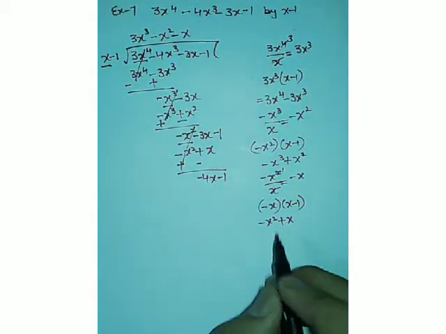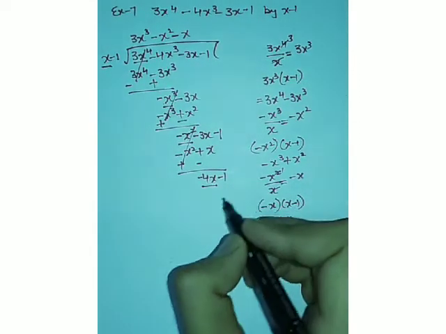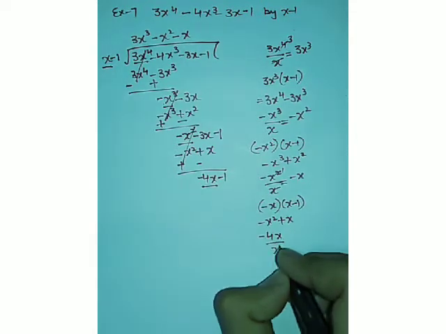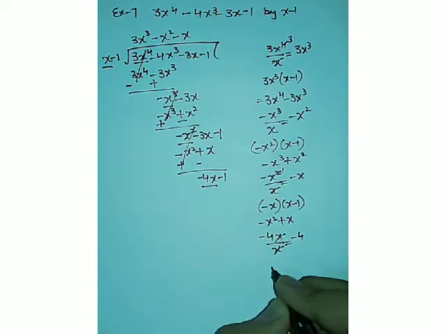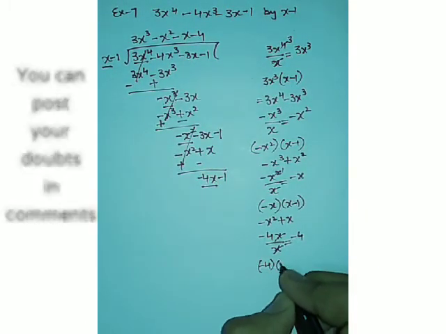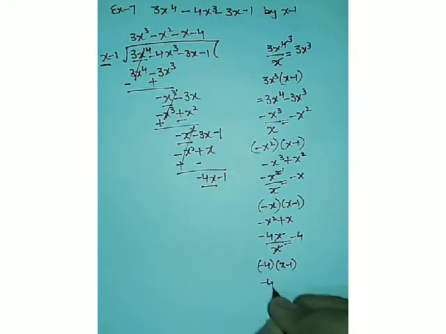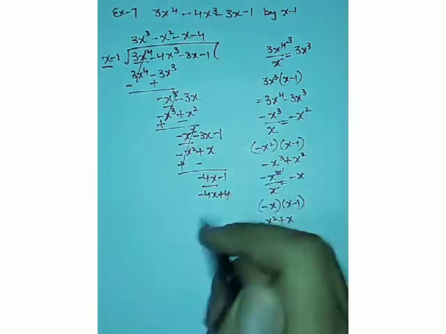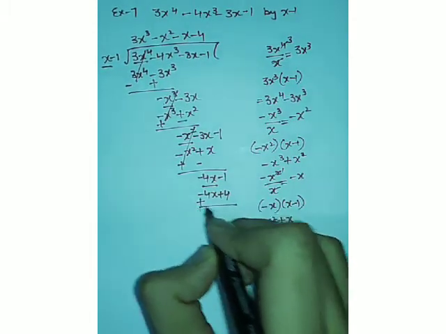Clear? So first term of this, first term of this, minus 4x upon x, you will get minus 4 only. Write minus 4 and multiply minus 4 by your divisor. You will get minus 4x plus 4. Change the signs.